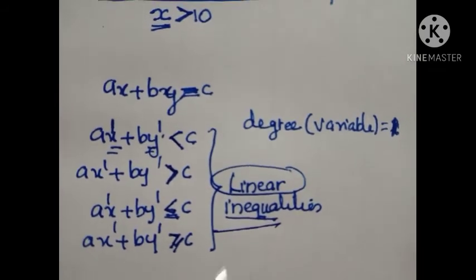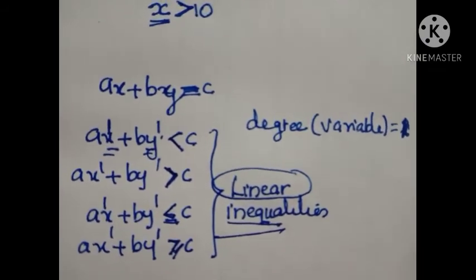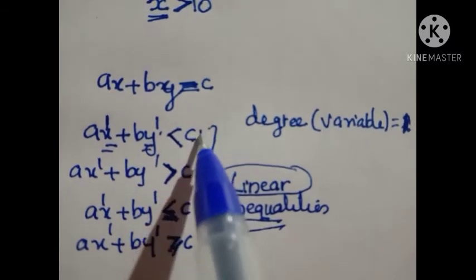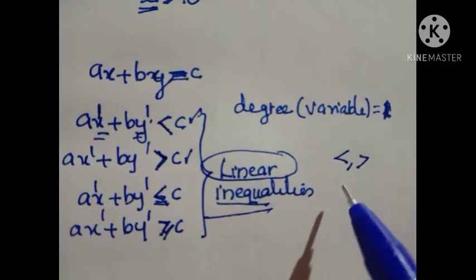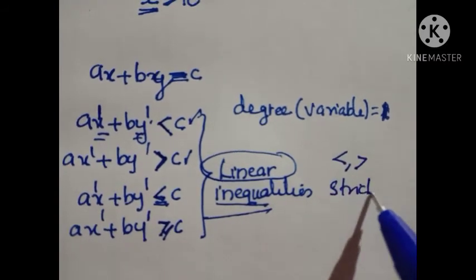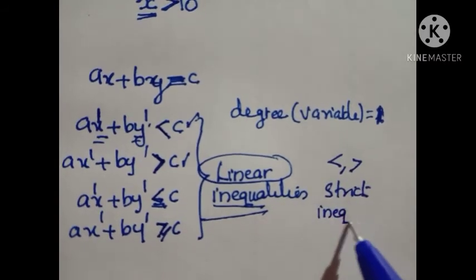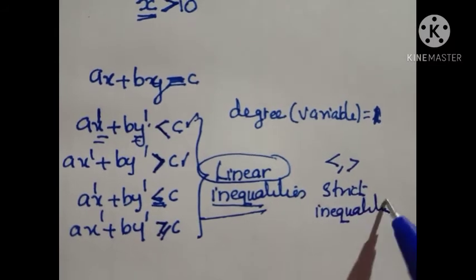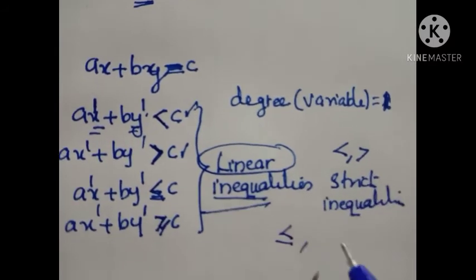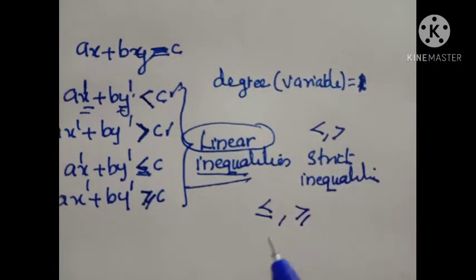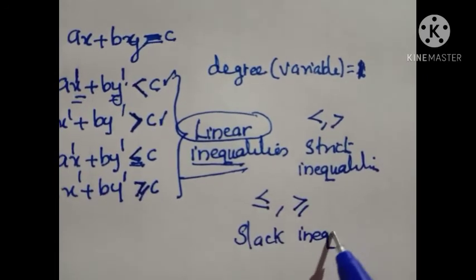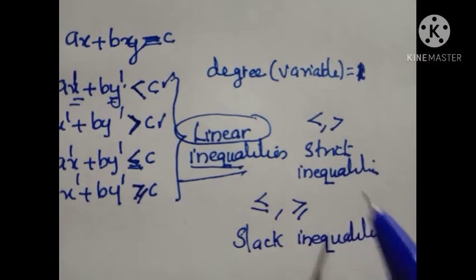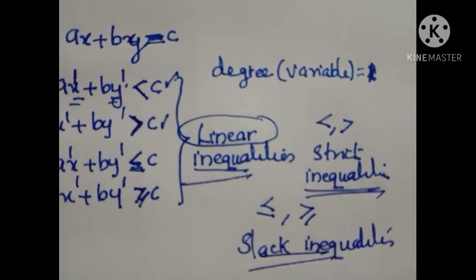Here less than and greater than, these two are strict inequalities. At the same time, less than or equal to or greater than or equal to are slack inequalities. So strict inequalities and slack inequalities.